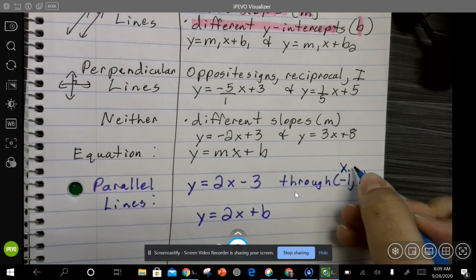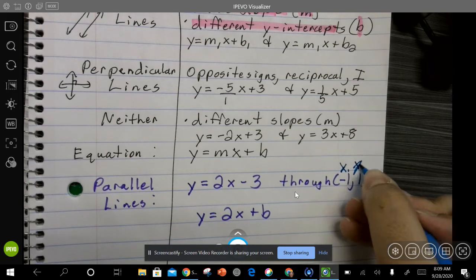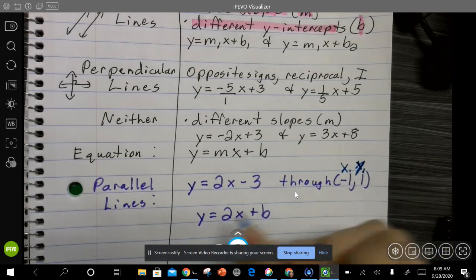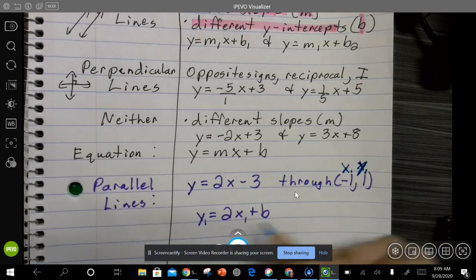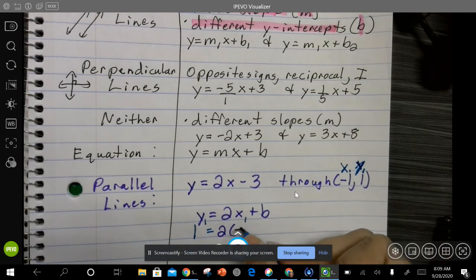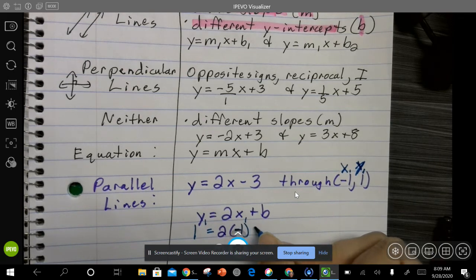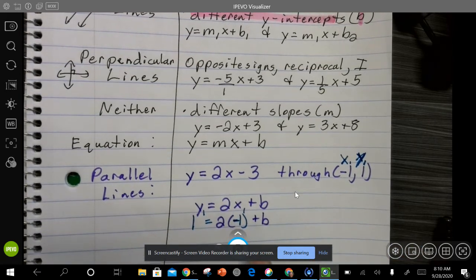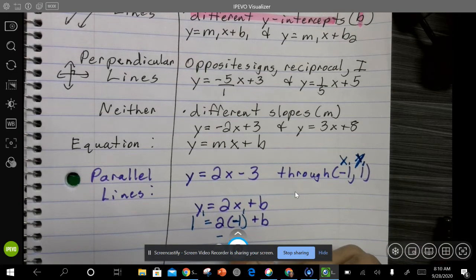So this is going to be our x1 and our y1. So I'm going to substitute those in. So 1 is equal to 2 times -1 plus b, because we're going to solve for b. So we get -2 plus b is equal to 1.